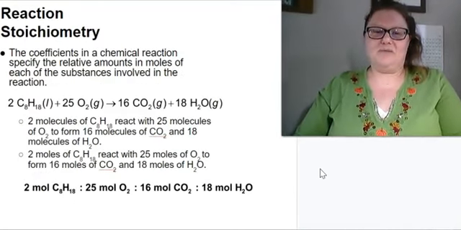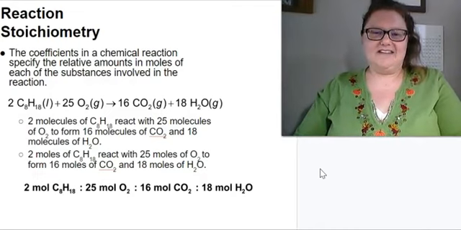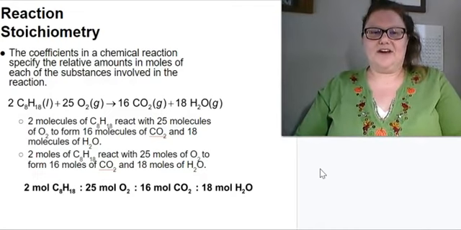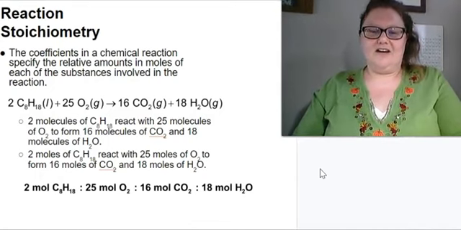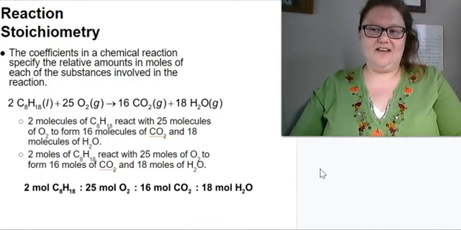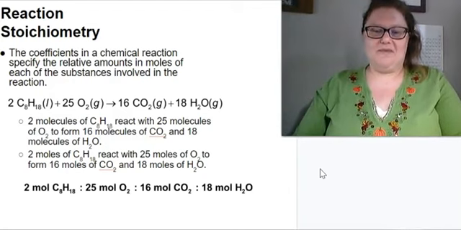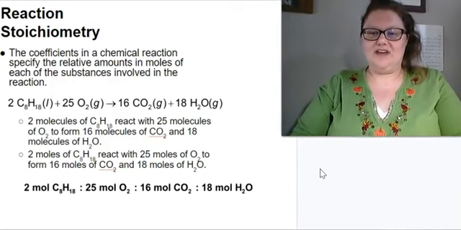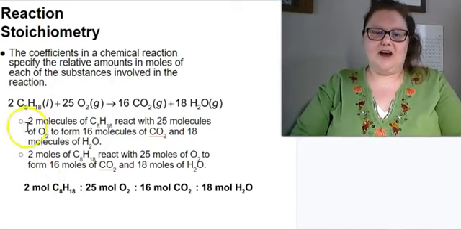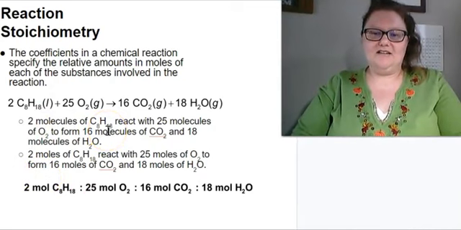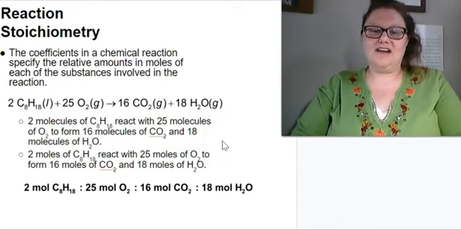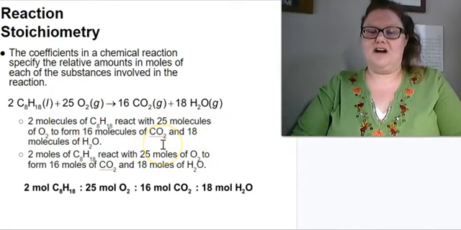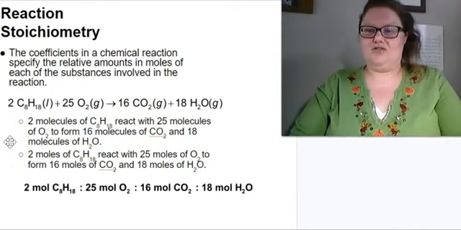So here's our example again of our octane combustion. The coefficients in front of the formulas are compared to one another, and we can make ratios from them. And so again, think of it as a recipe. For every 2 molecules of octane that react with 25 molecules of oxygen, we're going to get 16 molecules of carbon dioxide and 18 molecules of water.